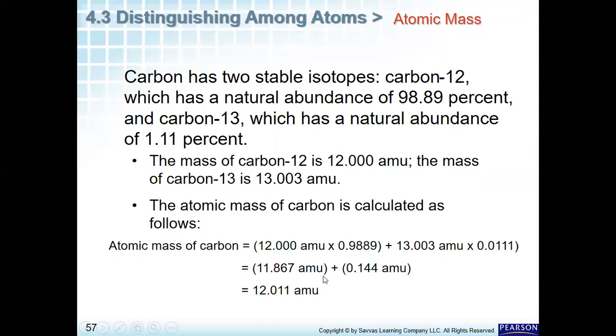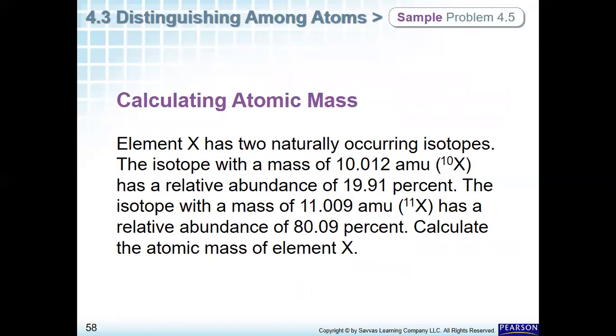The sum is the average mass contribution of carbon 12 and carbon 13 according to their abundance, and the overall gives the average atomic mass of carbon, which is 12.011 AMU, atomic mass unit. So calculating the atomic mass here helps you start to know more about that.